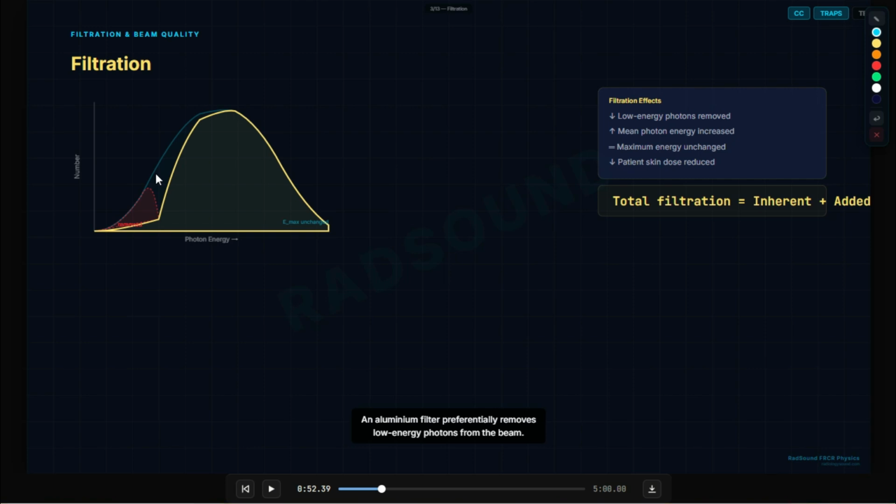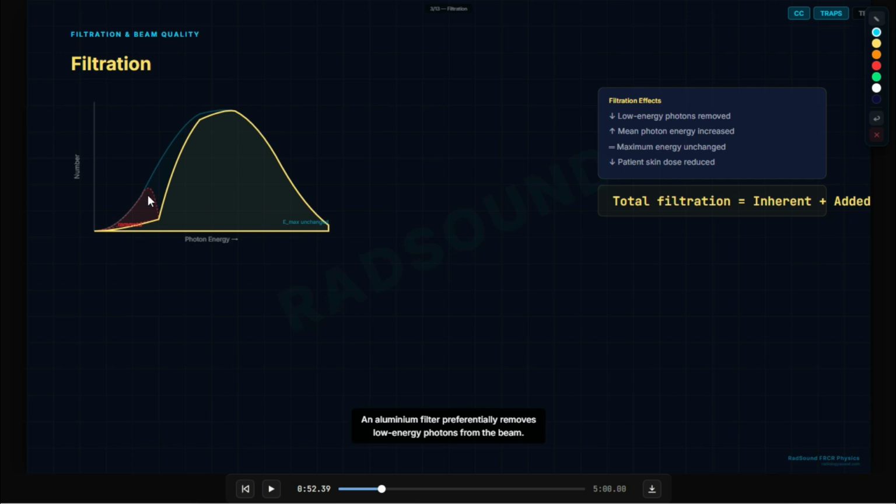So we add aluminum, because we have inherent filtration, which, as we mentioned before, is mostly because of the tube, the oil, the window, the envelope, and the housing. Then we have added filtration, which gives us total filtration. So total filtration equals inherent plus added filtration.